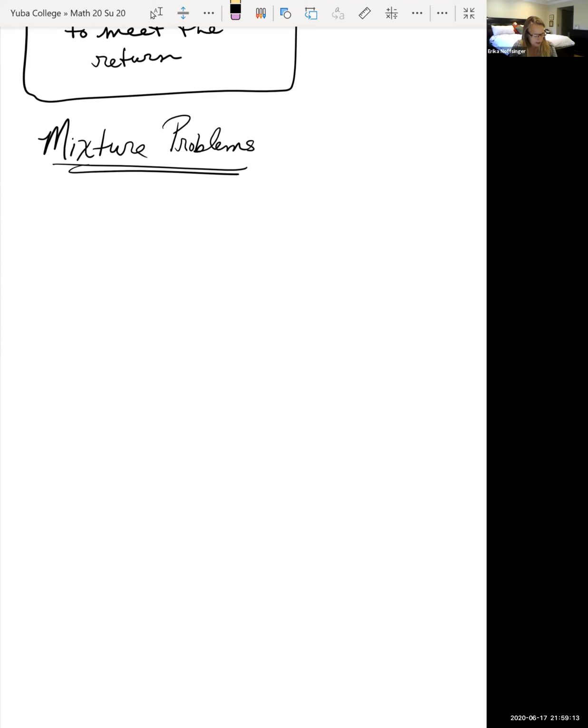What amount of each coffee should be blended to obtain the desired mixture? Again, I don't know about you, but the first time I read this, it's like, there's lots of information going on here. Hopefully you don't feel that way, but just go back and simplify it. So let's go back and read it.